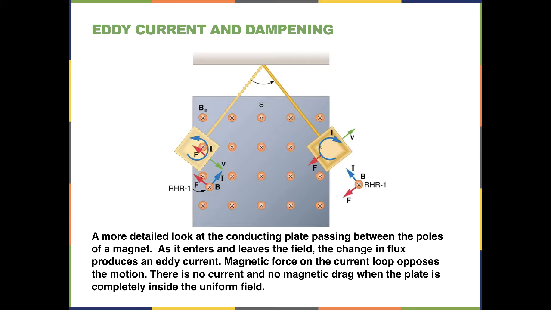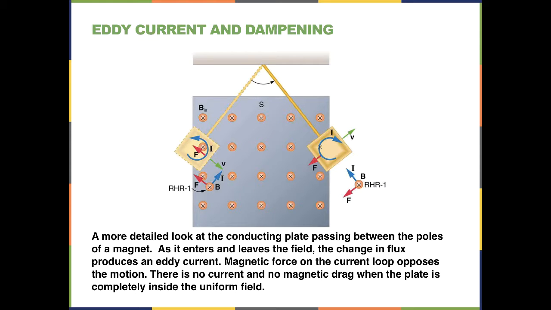In the first situation, we have a solid conductor, and you can see that the magnetic field is moving into the page. The swinging is back and forth through the plane of the page. The right-hand rule shows that as it swings from left to right, you have a counterclockwise eddy current, which produces a force that is opposite the direction of the velocity.